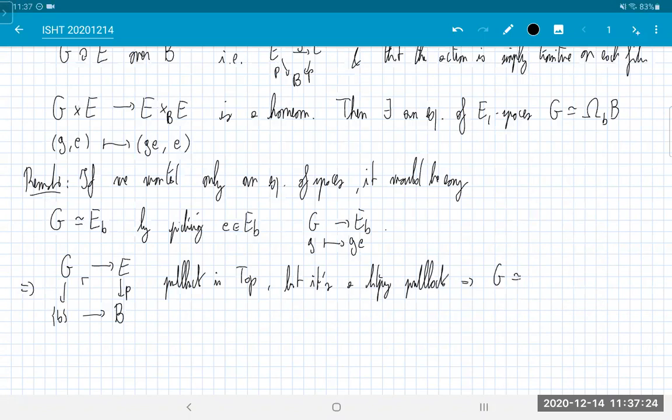So G is equivalent to the loop space, since E is contractible, and this is equivalent for a point.